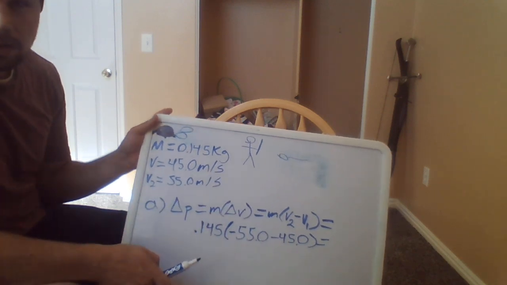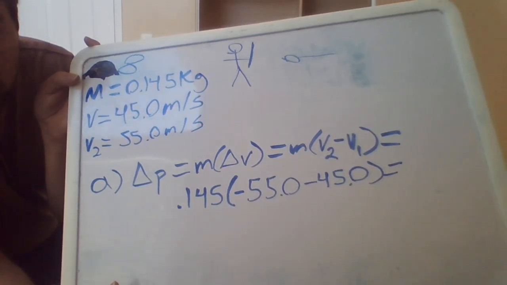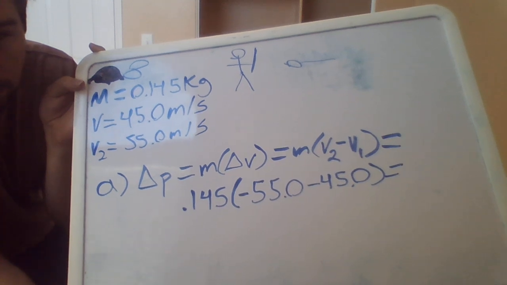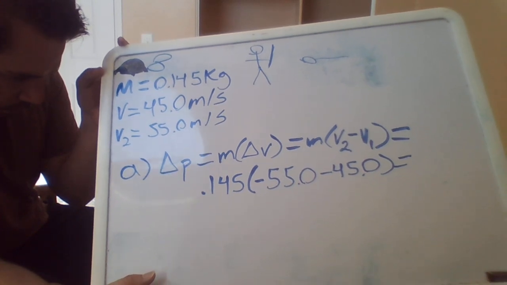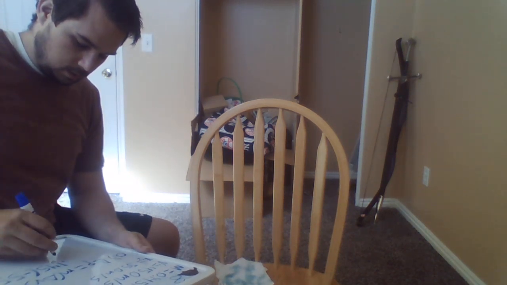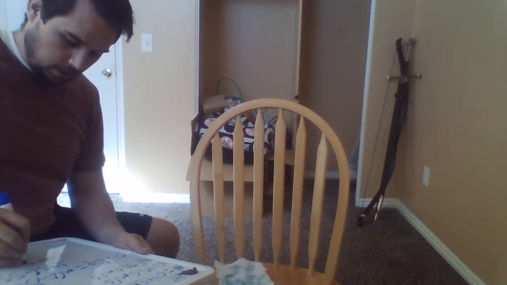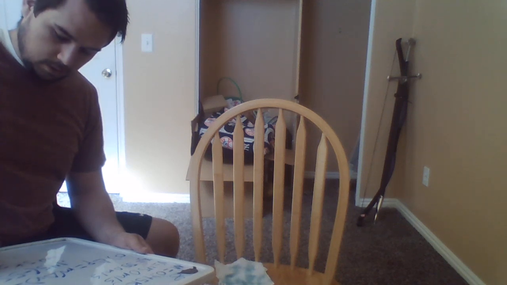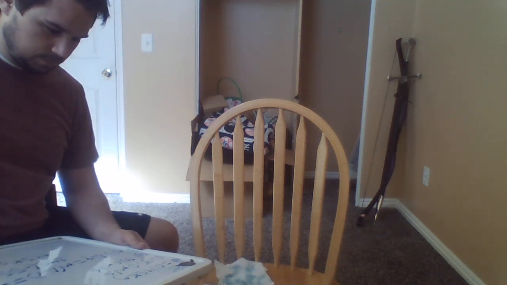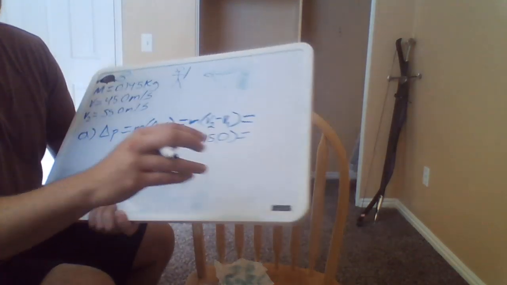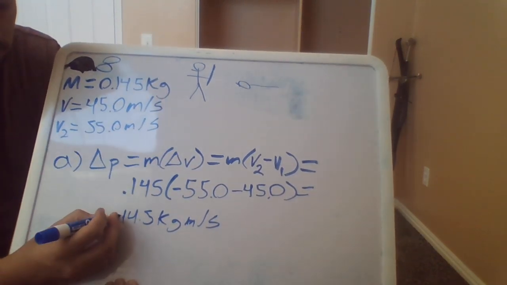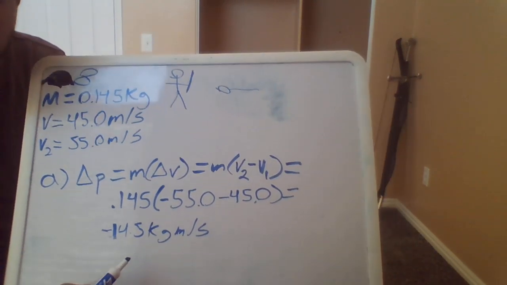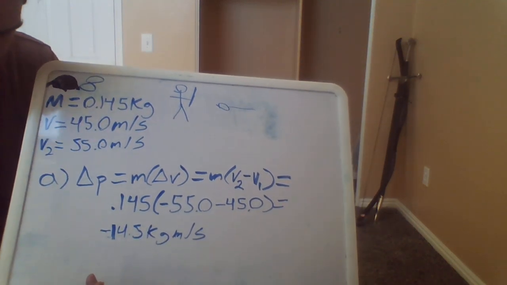So we have 0.145 times negative 55 minus 45, and that comes out to negative 14.5 kilograms meters per second.